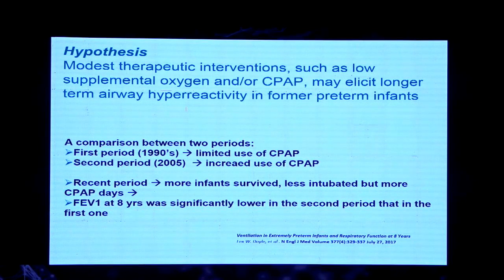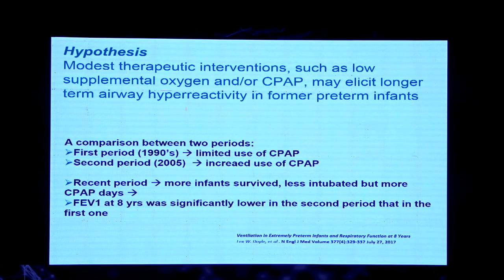In the recent period, there were more infants survived. They were less frequently intubated, but they were undergoing more CPAP days. And the FEV1 at 8 years of age was significantly lower in the second period compared with the first one.